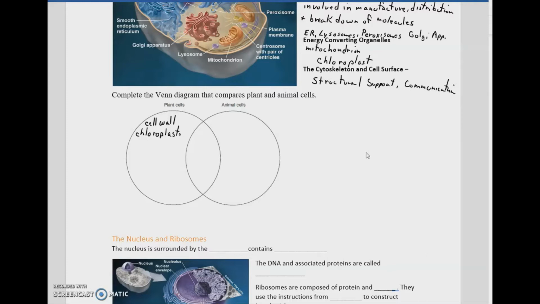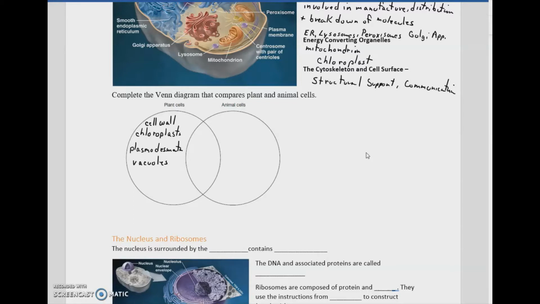They have a special communication channel. It's kind of a very small hole in the side of the cell that leads to another cell, plasmodesmata. And plants have vacuoles.